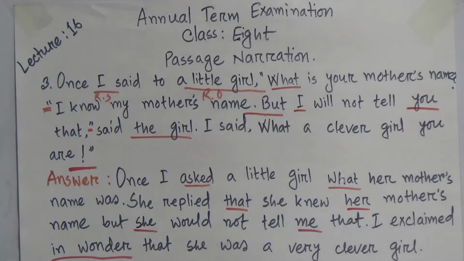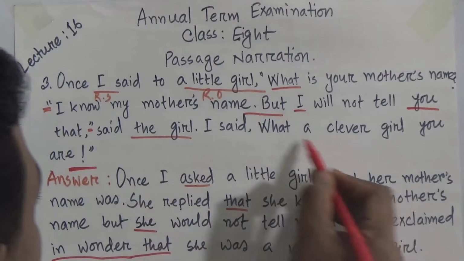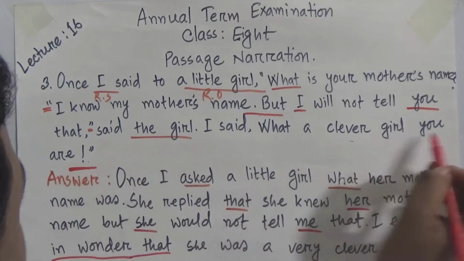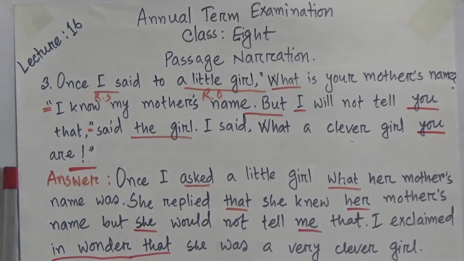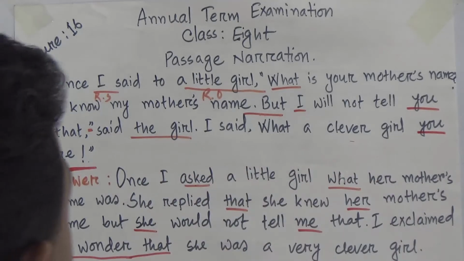Maybe exclaimed with joy, exclaimed with sorrow, exclaimed with wonder, something like that. It's wonder. I exclaimed with wonder that, and after finishing this, we have to convert this sentence into assertive form. What is the assertive form of what a clever girl you are? That means you are a very clever girl.